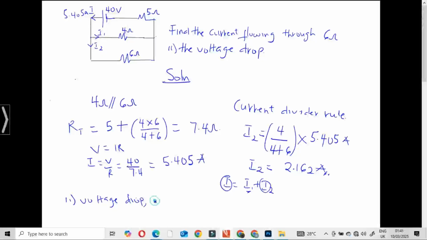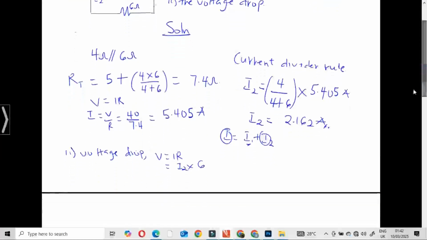In our previous video, we talked about the Ohm's law as we concluded that V is equal to IR. So with the voltage drop across the 6 ohm resistor, we take the current across that's I2 times the resistor in play, that's 6.